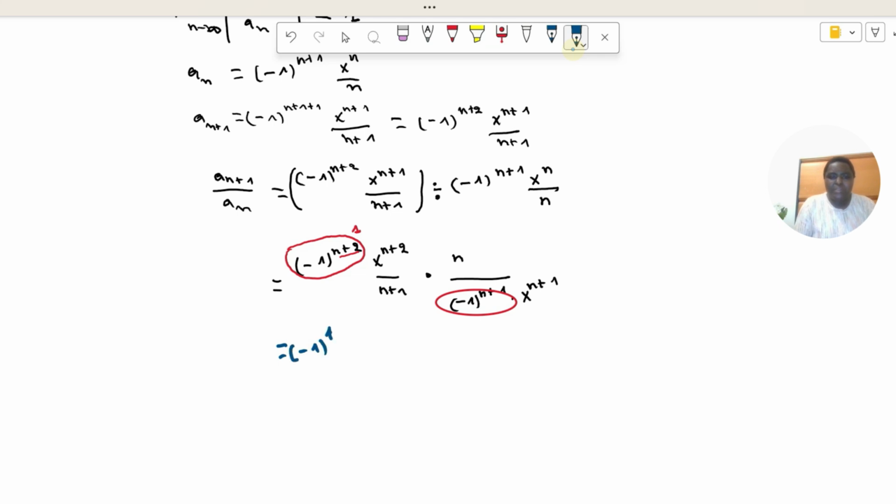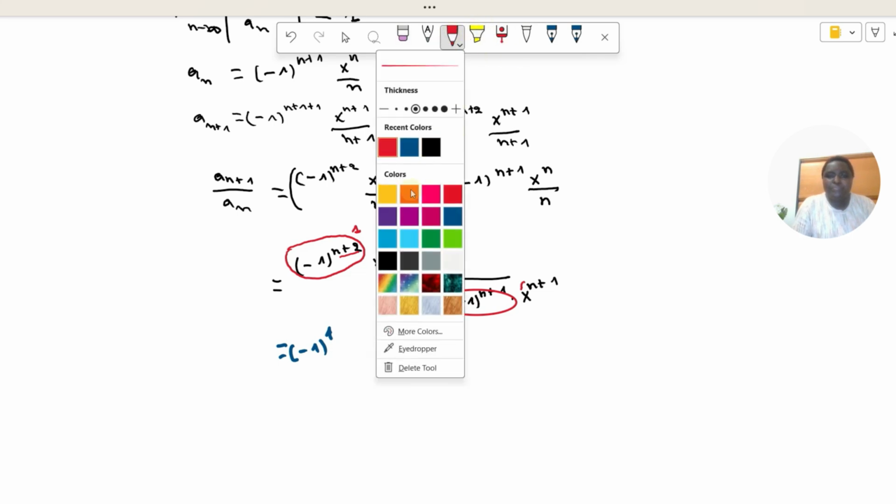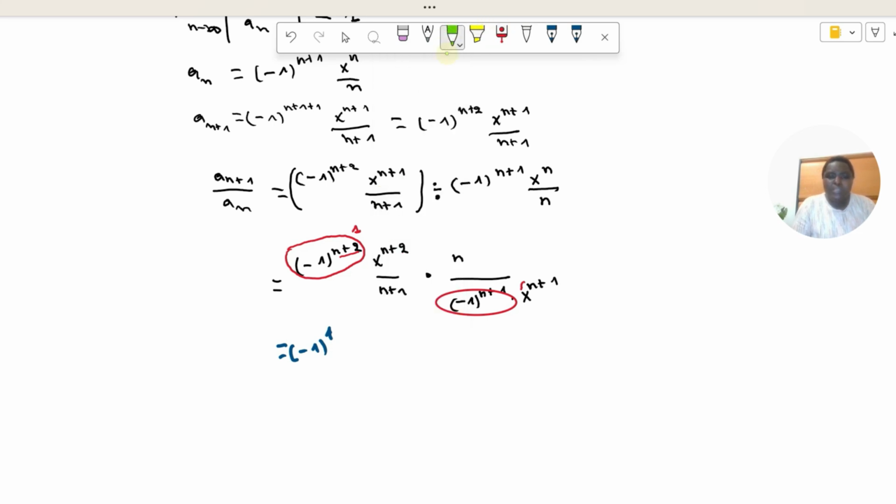And next, x power n plus 1 and x power n, if we simplify, we remain with x power 1.